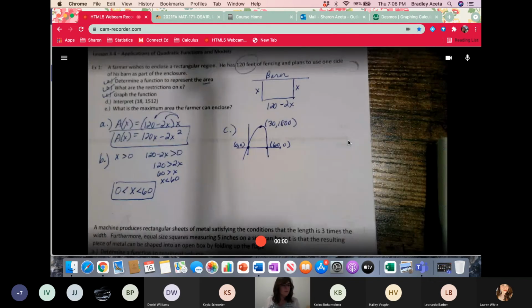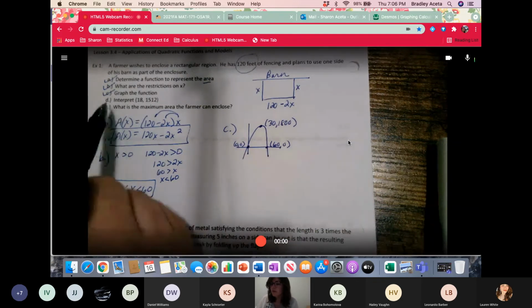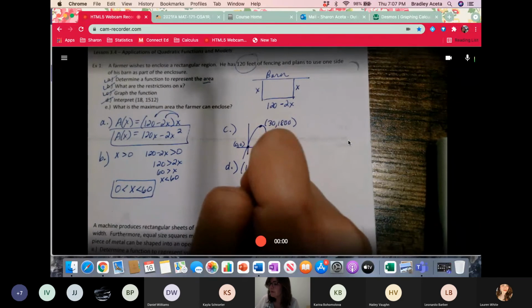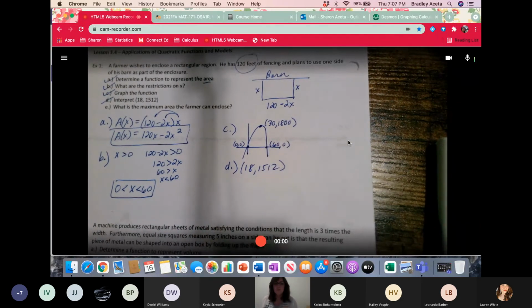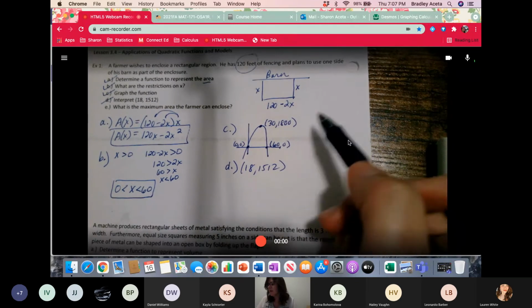So let's look here. We've graphed it. Now we need to interpret for part D: 18, 1512. What does 18, 1512 mean? And what does this 30, 1800 mean? Okay.